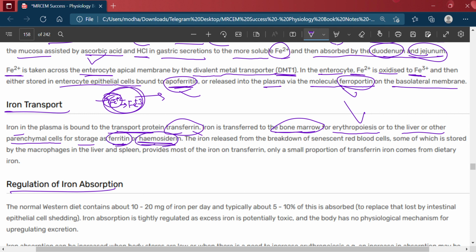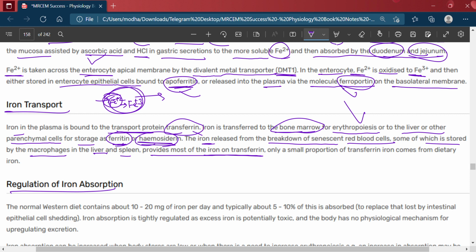Iron is also released from the breakdown of senescent red blood cells. Iron released by the breakdown of the RBCs is stored by the macrophages in the liver and spleen, and provides most of the iron on transferrin.